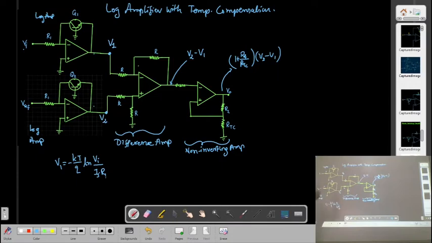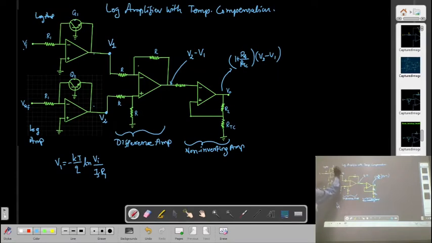Remember, here the transistor Q1 and the transistor Q2 both are identical. We have to select the pair of transistors, their HFE and the rest of the parameters must also be identical. And actually when it is manufactured on an IC, on the same silicon wafer, then you can have Q1, Q2 identical.